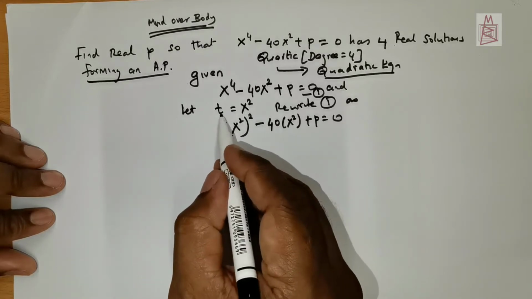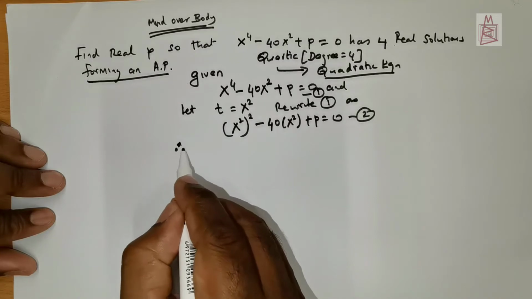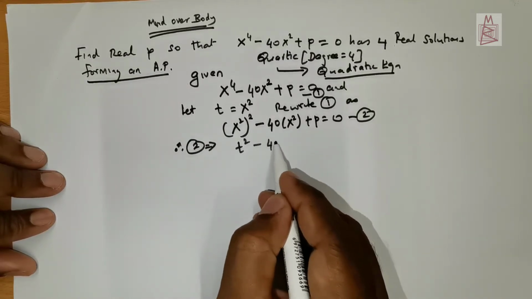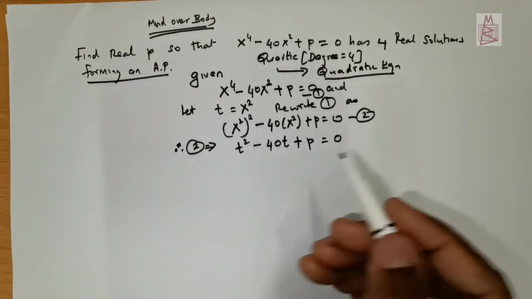Since I'm making the substitution that t is equal to x squared, if I take this as 2, therefore 2 can be rewritten as t squared minus 40 times t plus p is equal to 0.